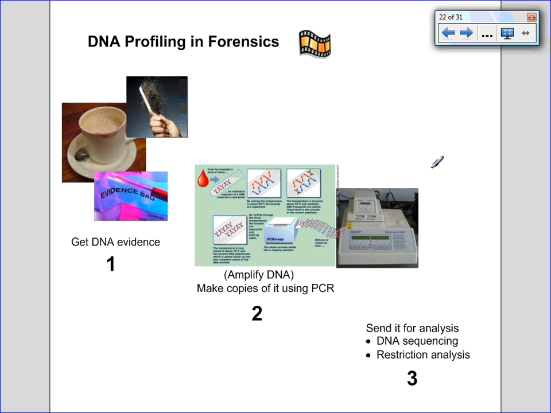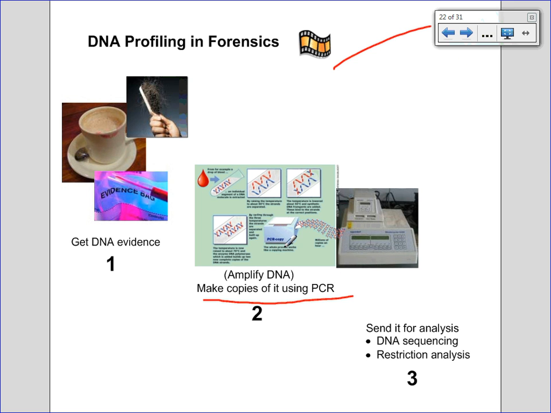Because they only have a little bit, in order to do the studies and repeat the reactions that they have to run, they need to take that DNA and make copies of it. So they do what's called PCR, which stands for polymerase chain reaction.